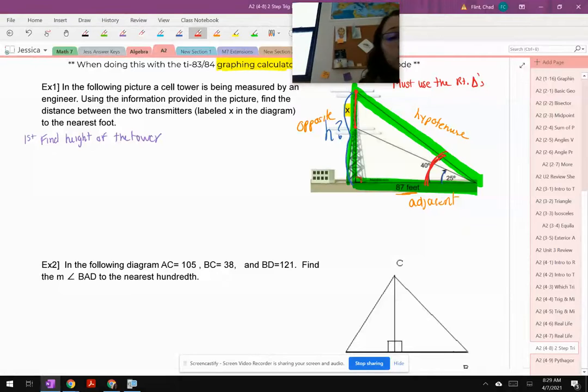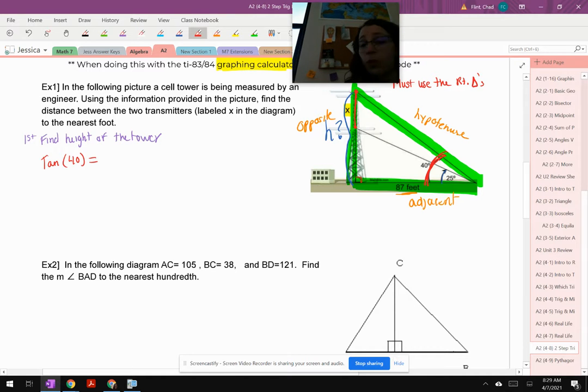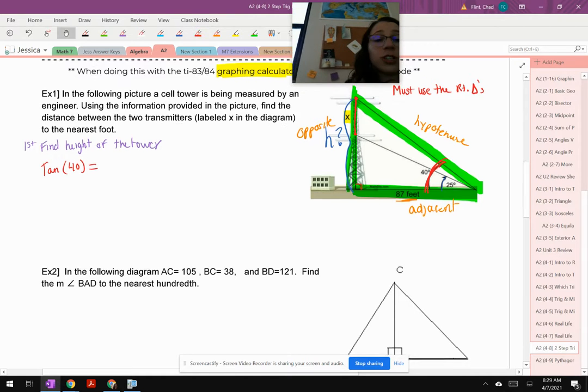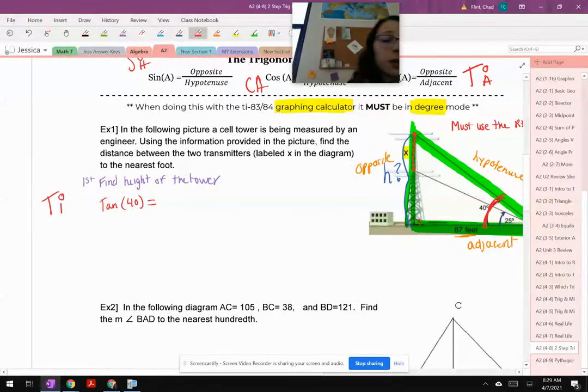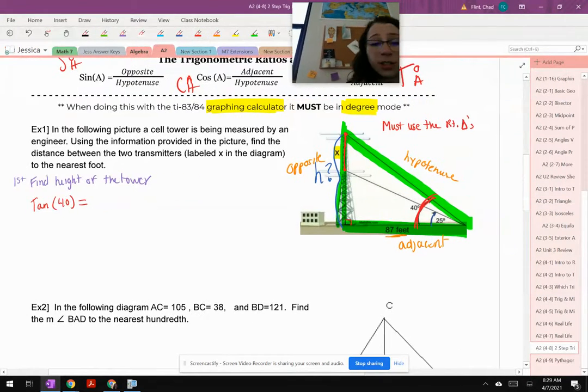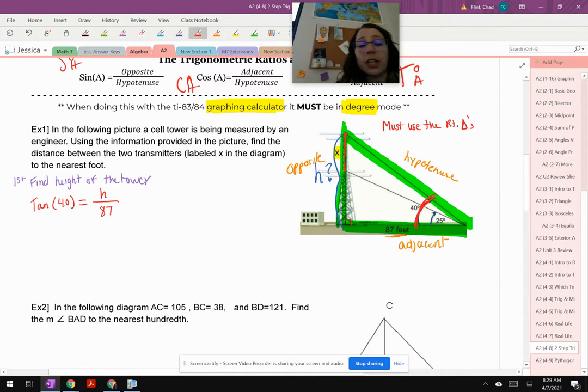Okay, so the tangent of 40 degrees is equal to, tangent is TOA, opposite over adjacent. So H for the height of that tower over adjacent, which is 87 feet.